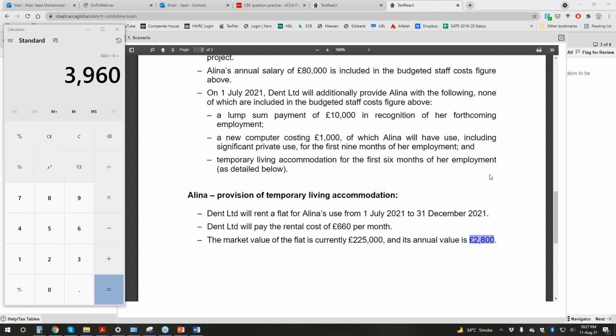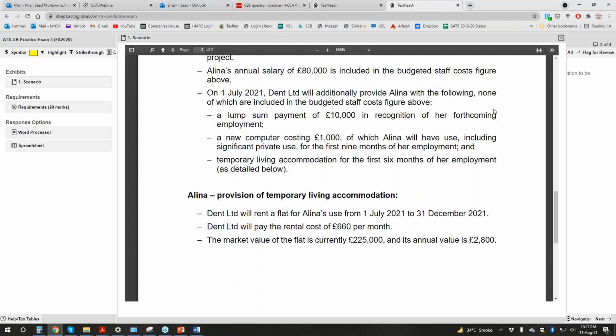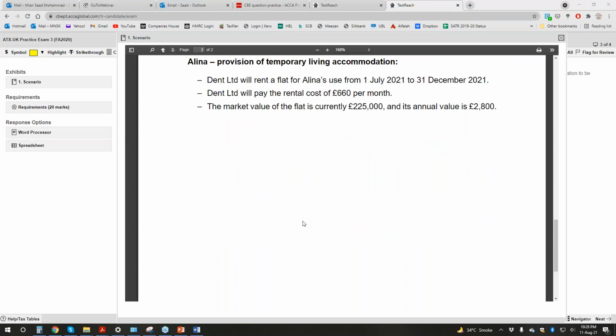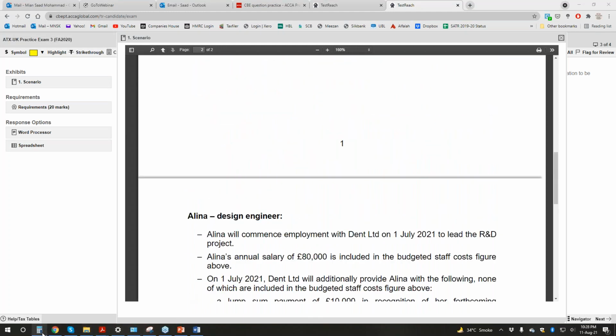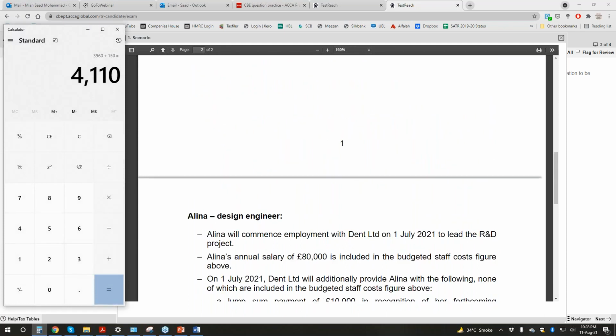So we have that rent available plus 150 as the benefit of the laptop. So the total benefits that the company is providing to Alina till now are 4,110. Let's check whether there is any other benefit. No, there is not. So first of all, the company has to pay 13.8% class 1A NI, that is around 567 pounds.